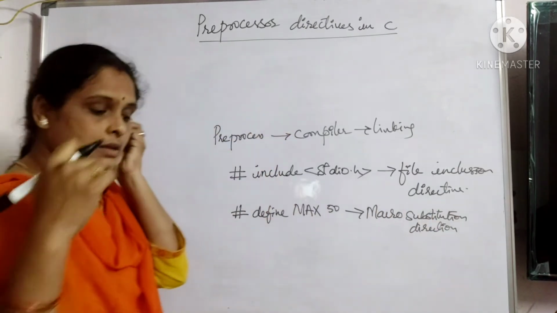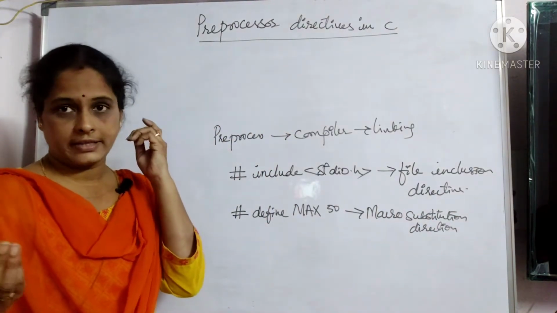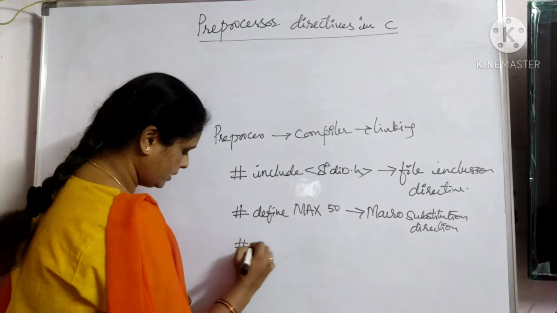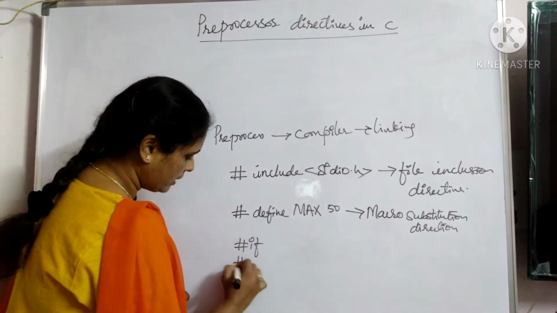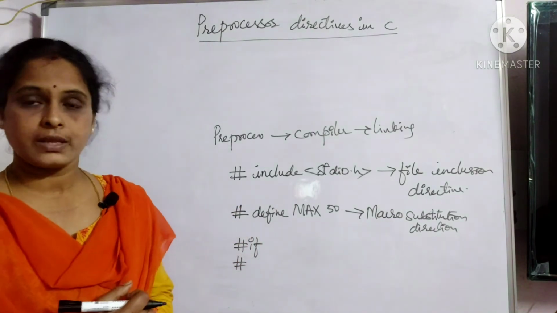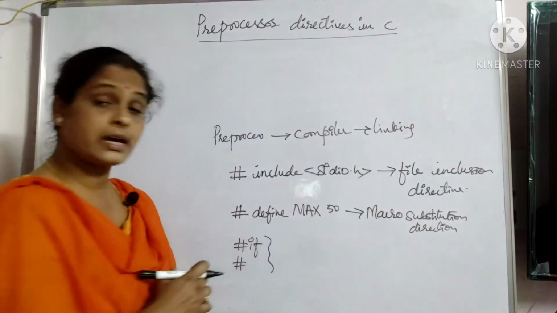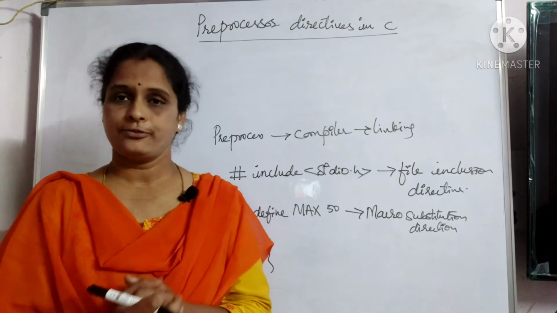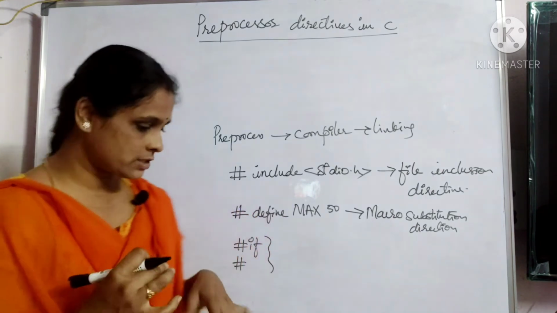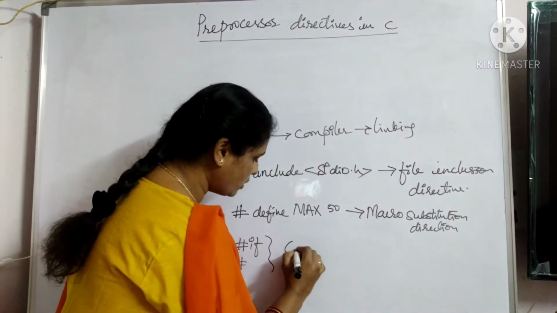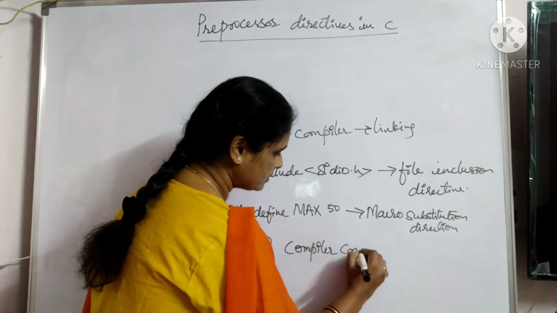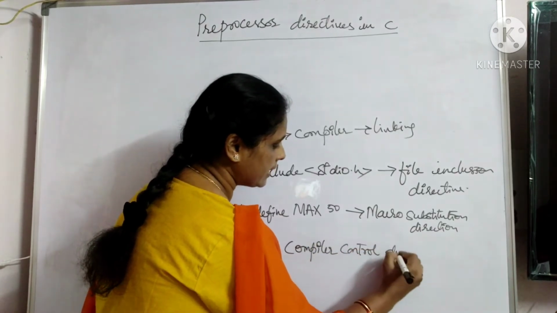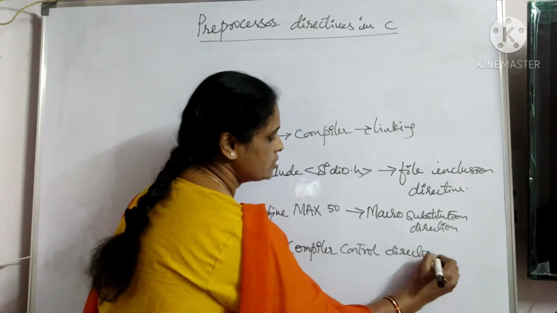Or you have some other kinds of directives, like #if or #endif, etc. These are used in controlling the flow of statements, so they are said to be compiler control directives. What are they doing?